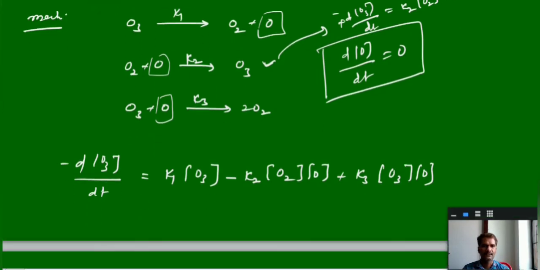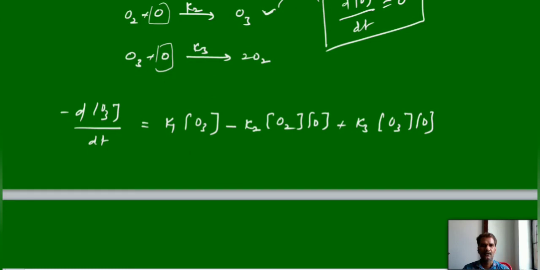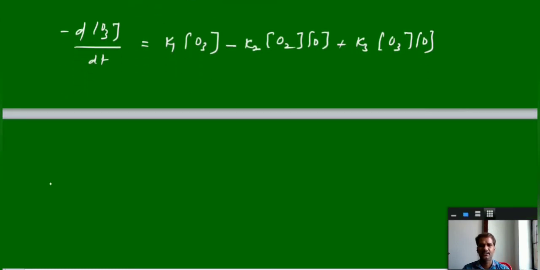And the second one, similarly for oxygen, it is a product here. Anyhow, the rate equation can involve the product also, but the intermediate O is there. Now, you write the rate equation with respect to O. In the first reaction, the nascent oxygen is produced.